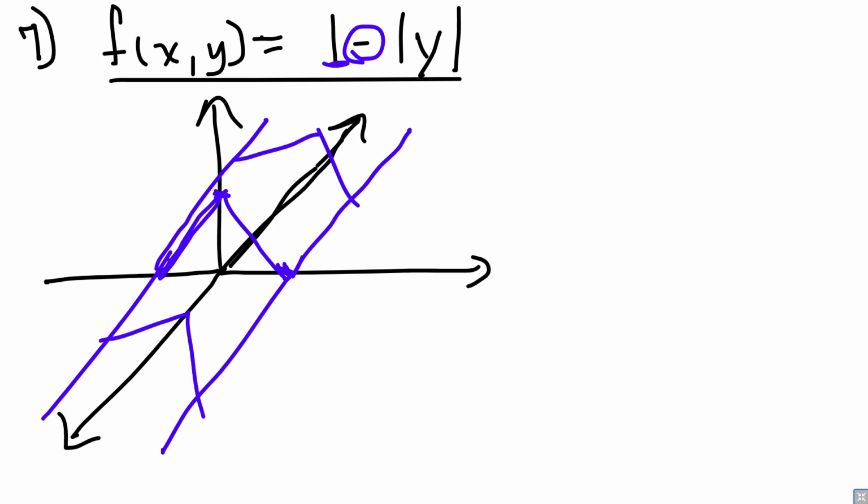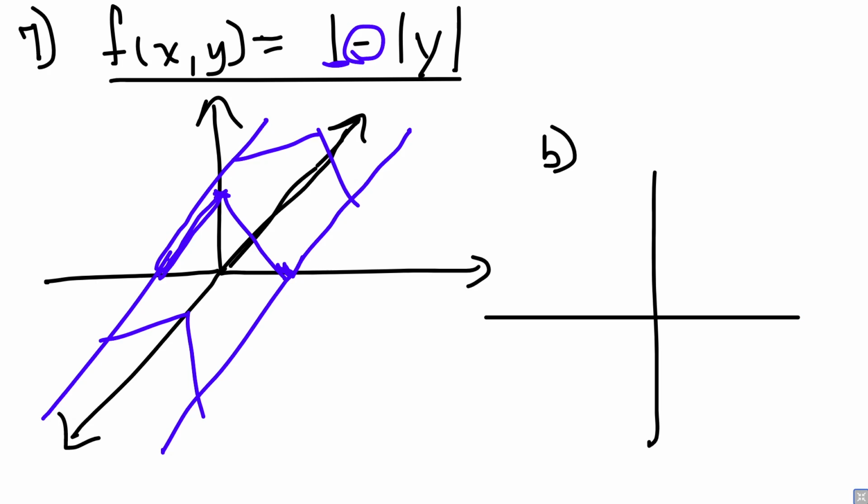All right, and in part B, we're going to look at the level curves. So you don't really care what x is going to be, it's just y. So if y is 0, I'm going to get a level curve here. And what's going to be the value of z if y is 0?